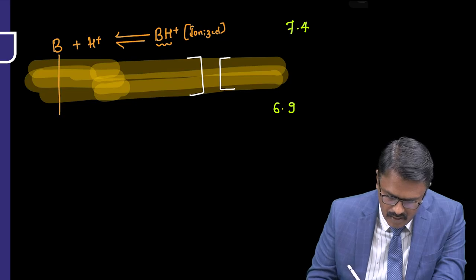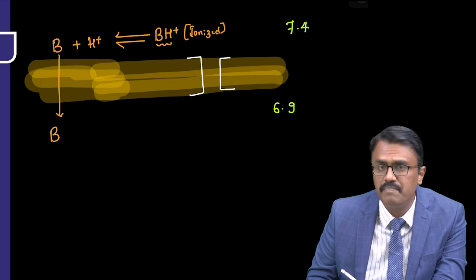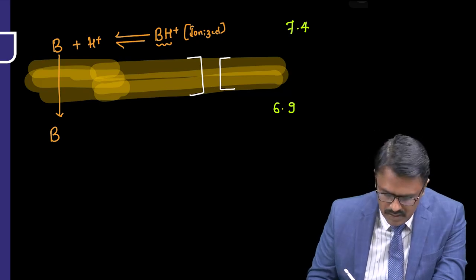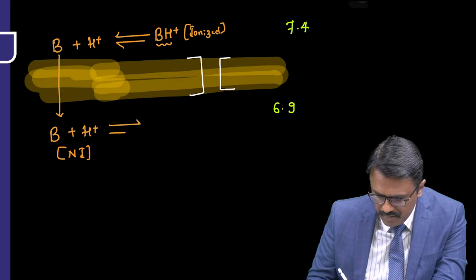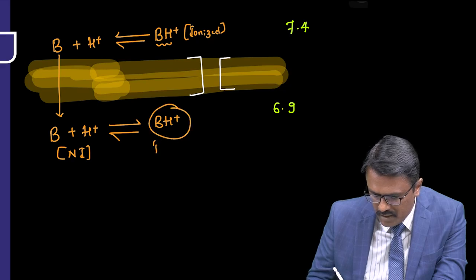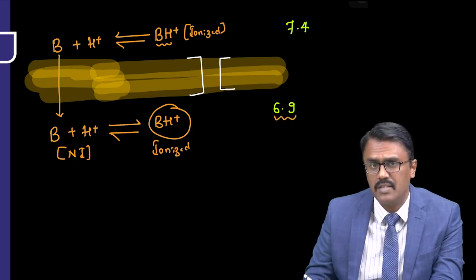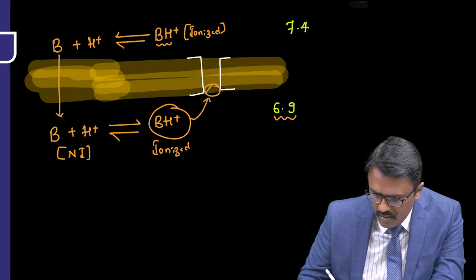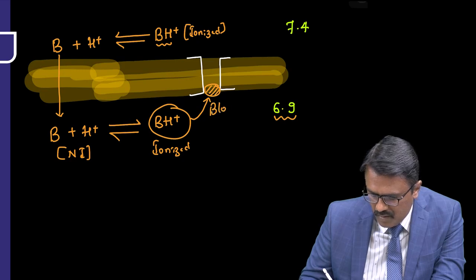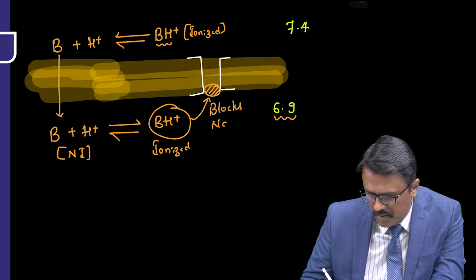It is the non-ionized form which enters inside the cell. Once it enters inside, it will again become ionized. So it becomes BH plus. This is the ionized form. And inside the cell, the pH is 6.9. And the ionized form is the one which blocks the sodium channel.